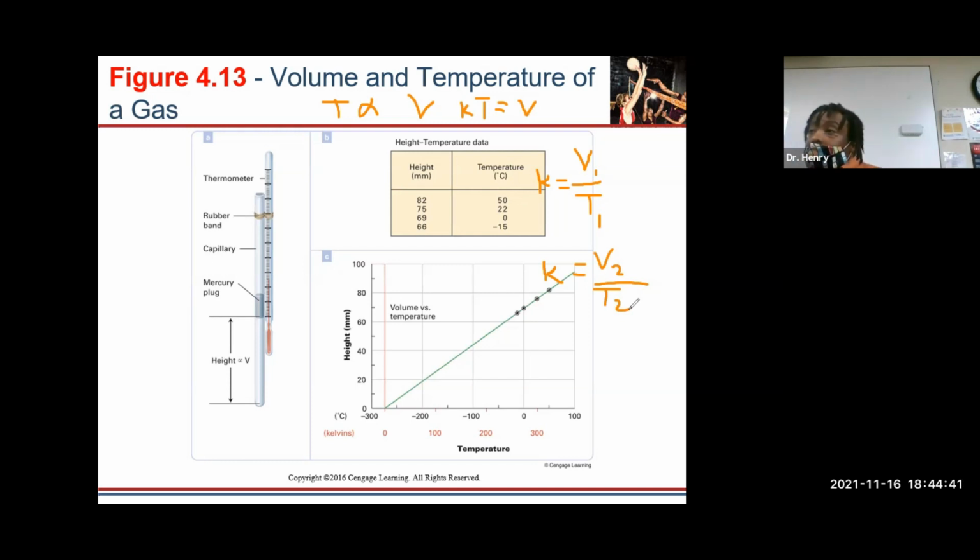So then I could basically say that V1 over T1 equals V2 over T2. Right? Simple math, right? You got it? Not too hard. Okay, good.